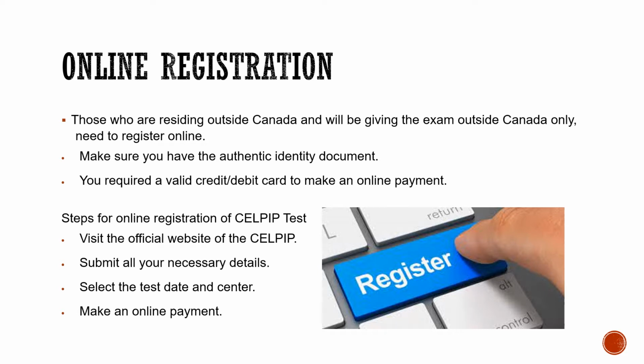Make sure you have an authentic identity document. You require a valid credit or debit card to make an online payment. The steps for online registration are: visit the official website of CELPIP, submit all your necessary details, select the test date and center, and make an online payment.